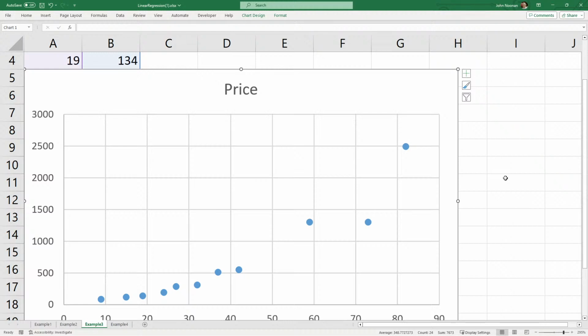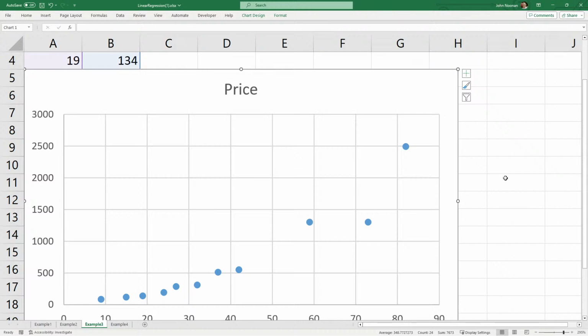If you were asked to put a line that goes through all those points, you'd probably put a line that was more curved. It slopes upward and then goes up here. Do you think a curve would be better than a straight line? Maybe exponential or some other curve like a polynomial, quadratic maybe.